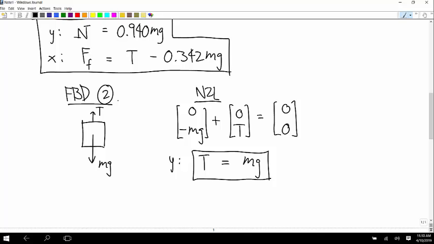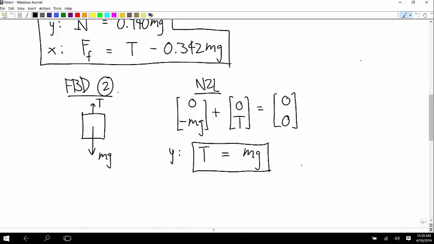So now we have a system of 3 equations for 3 variables.